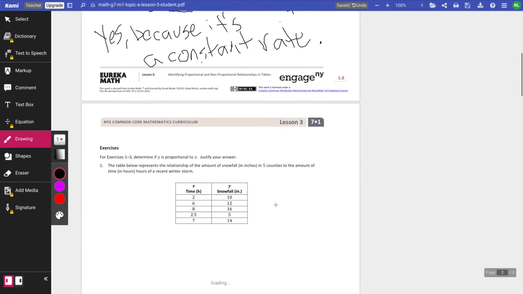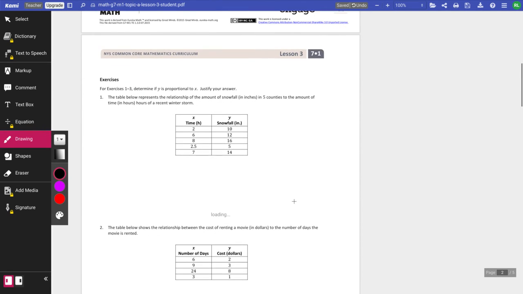Moving on to the exercises here. For exercises 1 to 3, determine if y is proportional to x. Justify your answer. When we mean justify, right, we're thinking prove. The table below represents the relationship of the amount of snowfall in inches in 5 counties to the amount of time in hours of a recent winter storm.